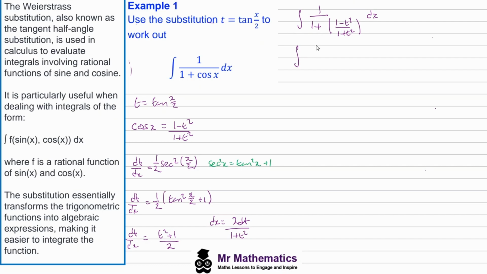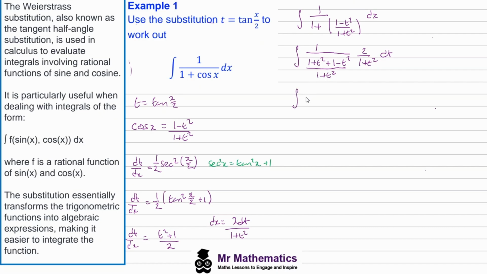So we have the integral of 1 over, and I'm going to write this one with a common denominator of 1 plus t squared. So we've got 1 plus t squared plus the 1 minus the t squared all over 1 plus t squared. And now this dx becomes 2 over 1 plus t squared dt. Now we can tidy up this denominator and we can reciprocate this fraction because it's 1 over.